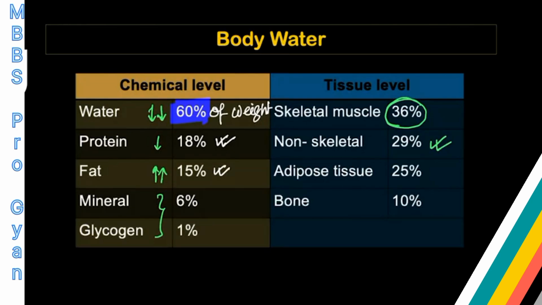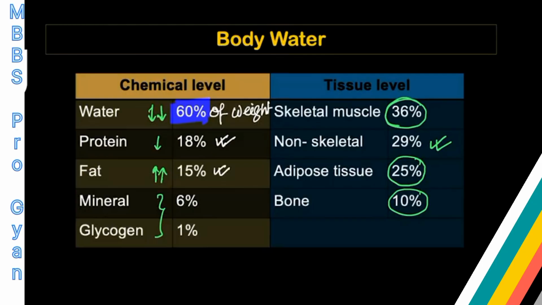Non-skeletal muscle constitutes 29% of the body weight, adipose tissue 25%, and bone only 10% of the total body weight. These percentages in this table are not very important for MCQ, but sometimes a simple MCQ can be given asking the percentage of protein according to your body weight. This has already been asked, and you have to remember protein is 18%, fat is 15%.